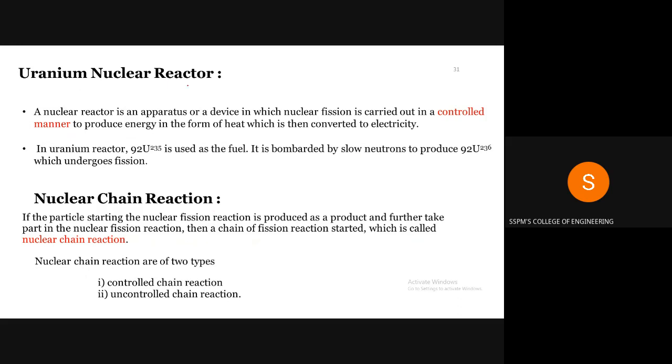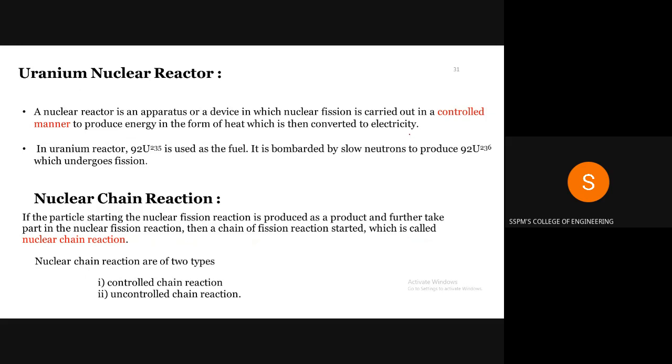Uranium nuclear reactor. A nuclear reactor is an apparatus or a device in which nuclear fission is carried out in a controlled manner to produce energy in the form of heat, which is then converted into electricity.